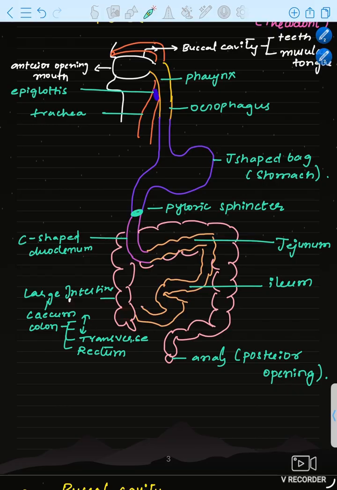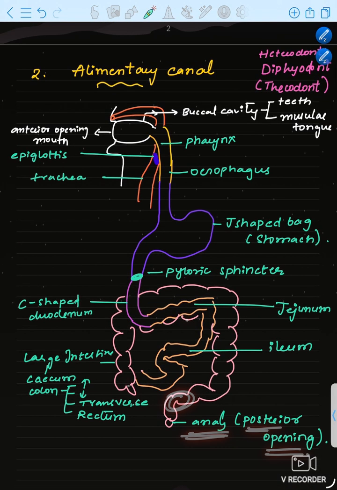And in large intestine you can find cecum and colon. Colon is ascending, transverse, descending. This is sigmoid, okay? And cecum, colon, and this is rectum, and this is the anus. Anus is a posterior opening. Anterior opening is the mouth and posterior opening is the anus.